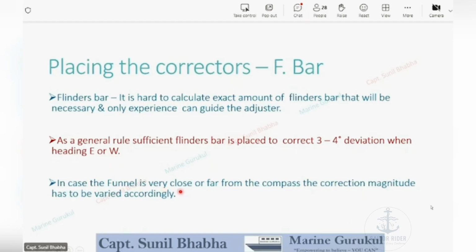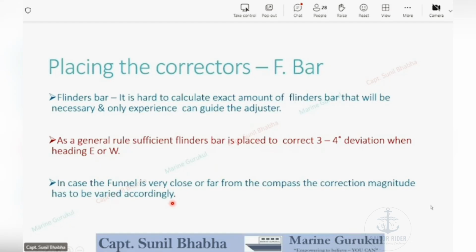In case the funnel is very close or far away from the compass location, the correction magnitude has to be varied accordingly. When the compass adjuster approaches the ship, he looks at the structure of the ship and gets an idea of the location of the funnel with respect to the compass, and the distance between them.